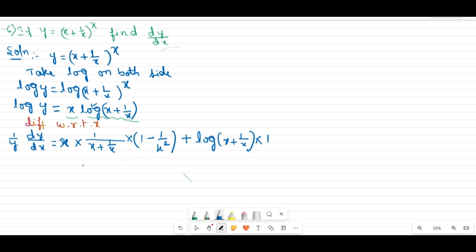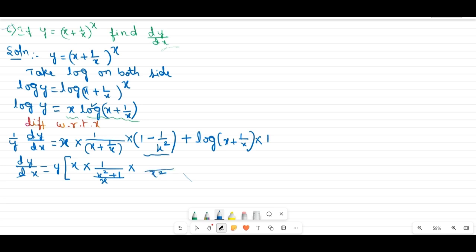X derivative is 1. Now, by taking y to the right hand side, what will we get? dy by dx is equal to y into, observe this, we must simplify this. In the denominator, I will take the LCM. The LCM is x. After taking the LCM we get x square plus 1 into, in these two terms, we must simplify by taking the LCM.